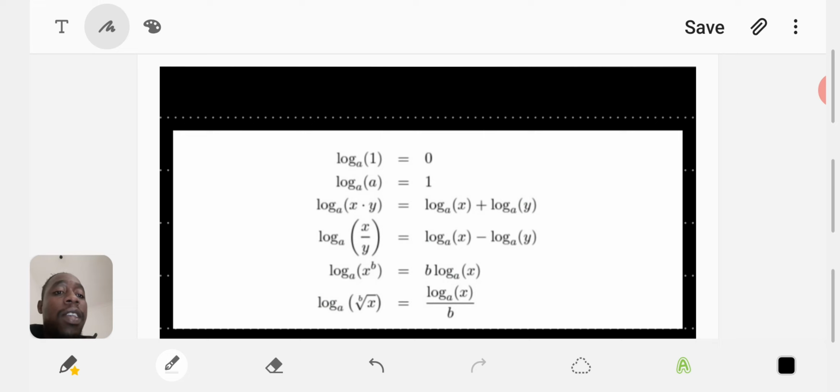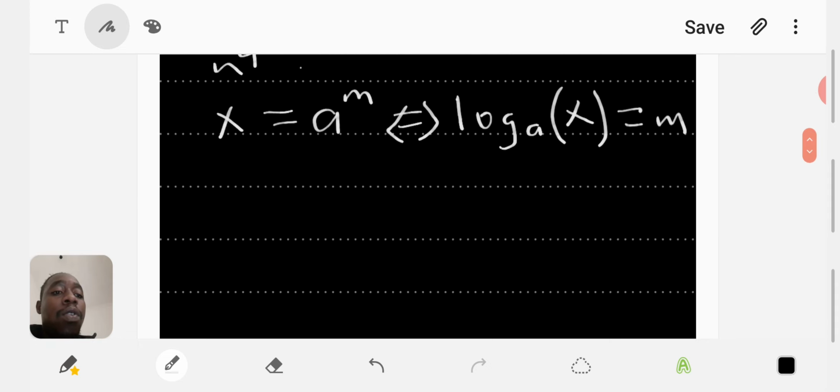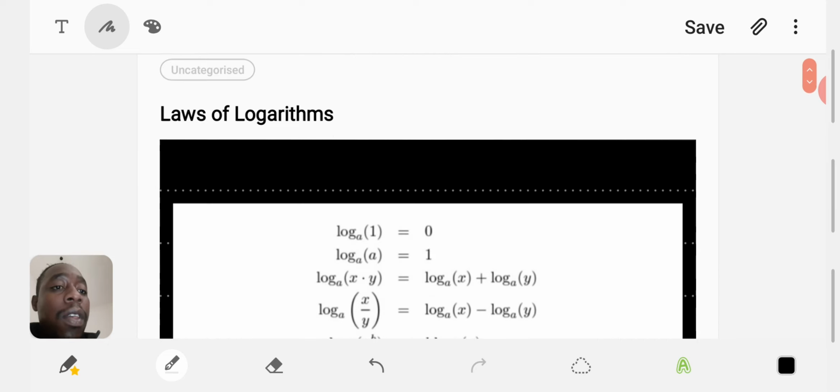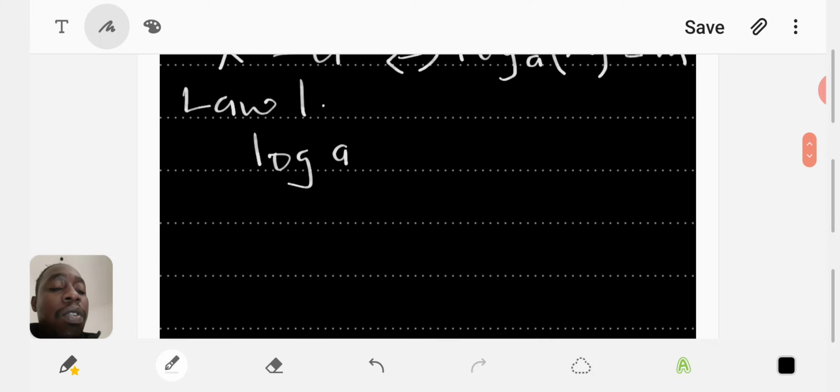Law number one says log 1 is equal to 0.